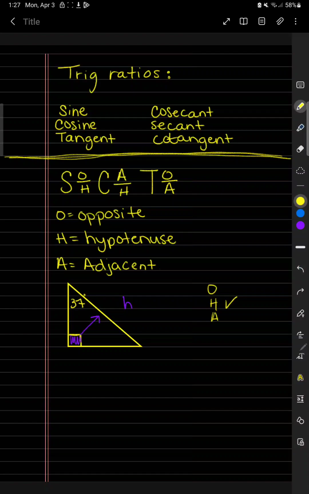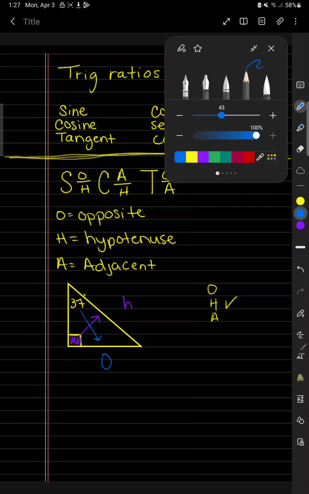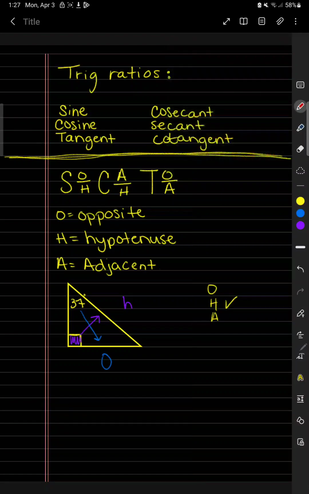Opposite of 37 will be right across, so this would be opposite. And then adjacent means neighbor, so the neighbor is this side, adjacent. Even though technically H is also the neighbor side of 37 degrees, that is always our hypotenuse.